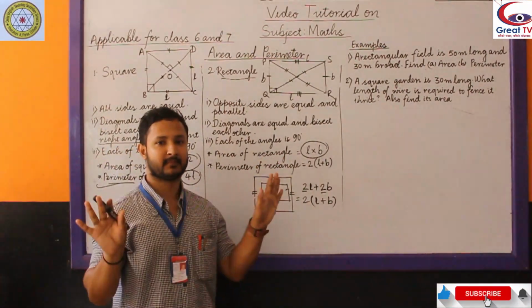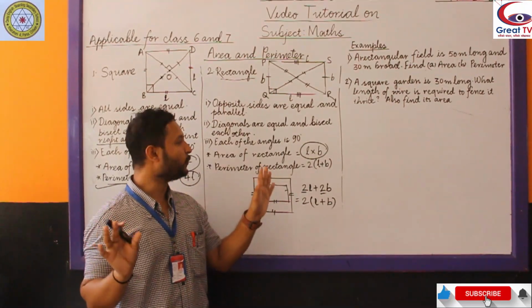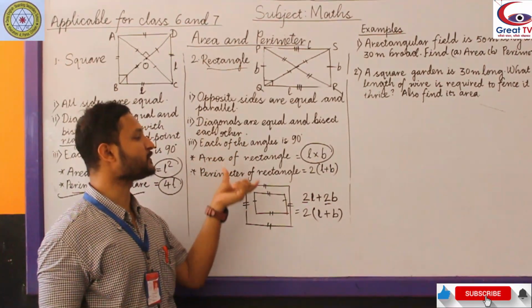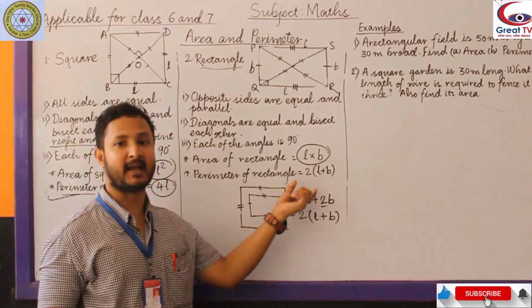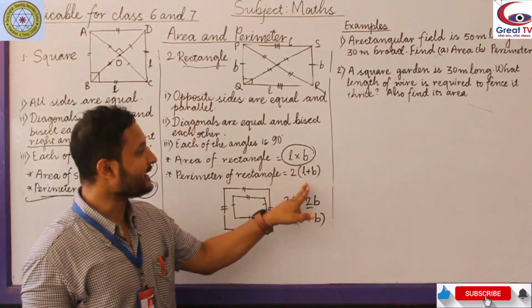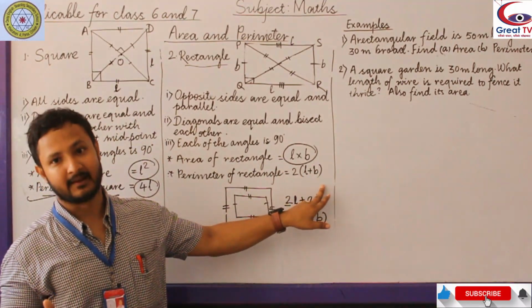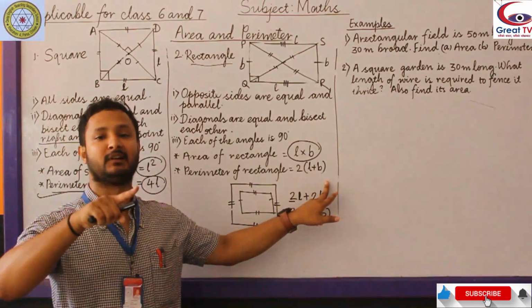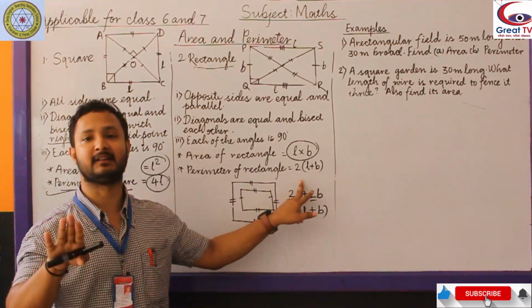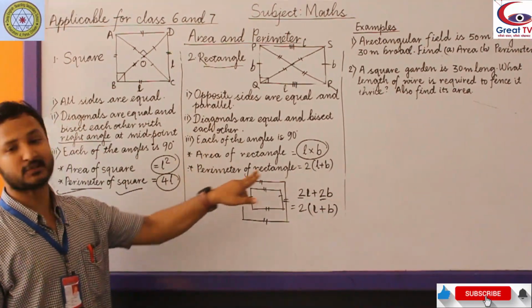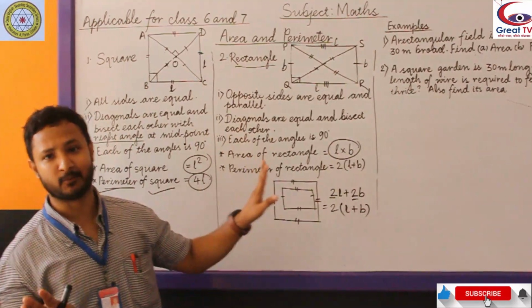So, generally we can find the perimeter of a rectangle by adding length and breadth and multiplying the result by 2. The final result will be the perimeter of the rectangle. Do you get my point?